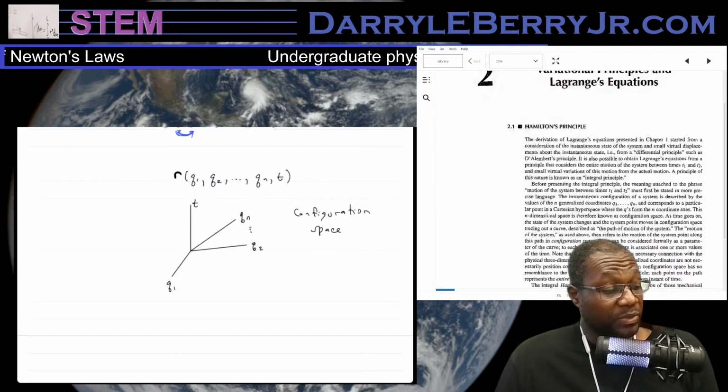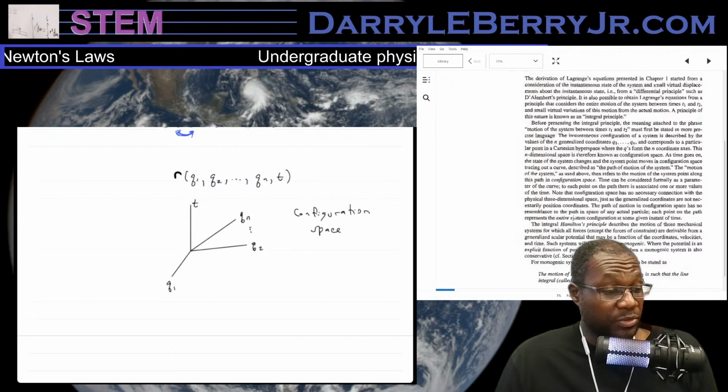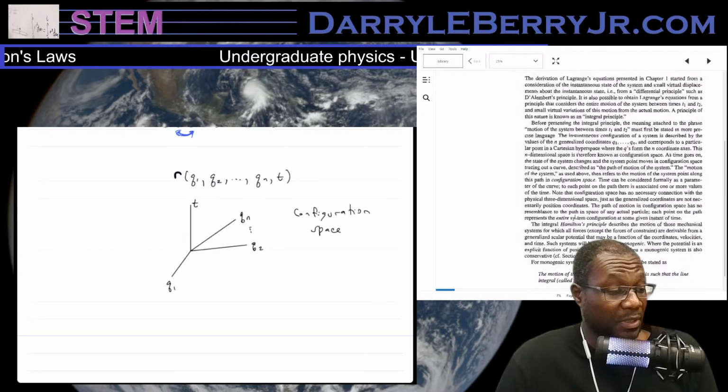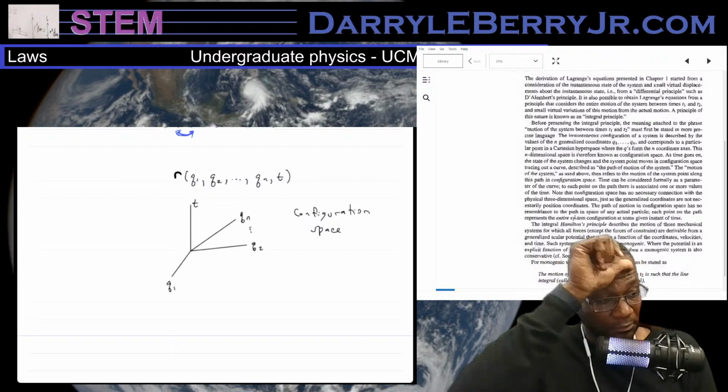The integral Hamilton's principle describes the motion of those mechanical systems for which all forces except the forces of constraint are derivable from a generalized scalar potential that may be a function of the coordinates, velocities, and time.